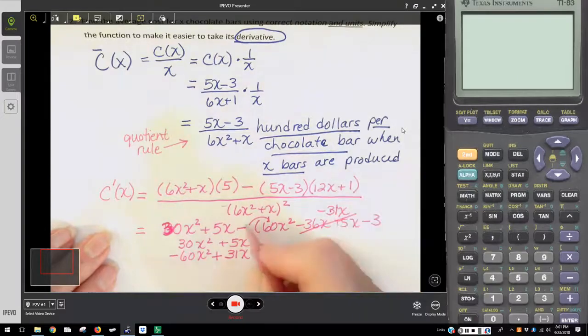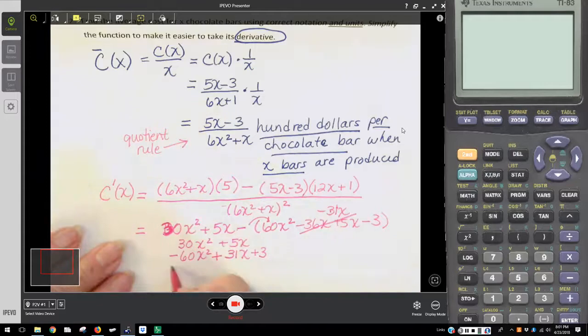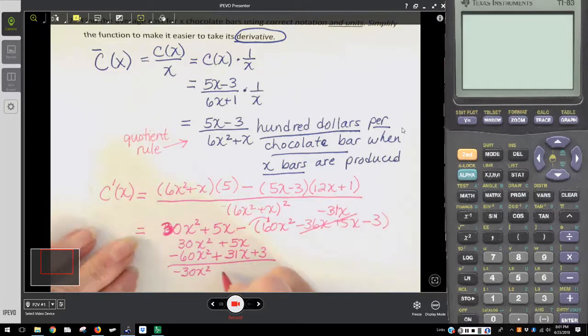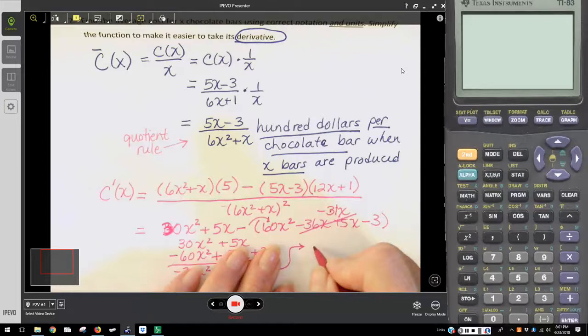And then minus times the negative 3 out here is going to be plus 3. So when we put all of that together, 30 minus 60 is negative 30x squared plus 36x plus 3, which will be the numerator of C average prime.